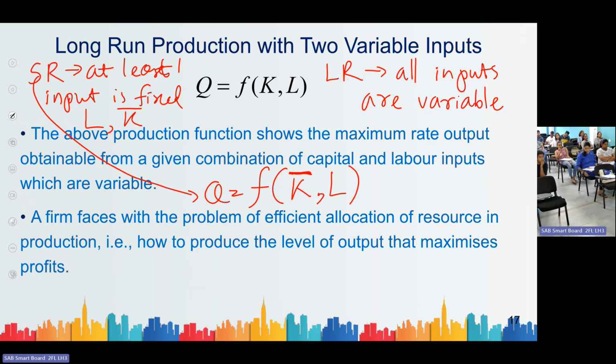That denotes that both capital and labor are variable. We can change the level of capital and the level of labor in the long run. In the short run, we could only change the level of labor, not capital. Capital is fixed.